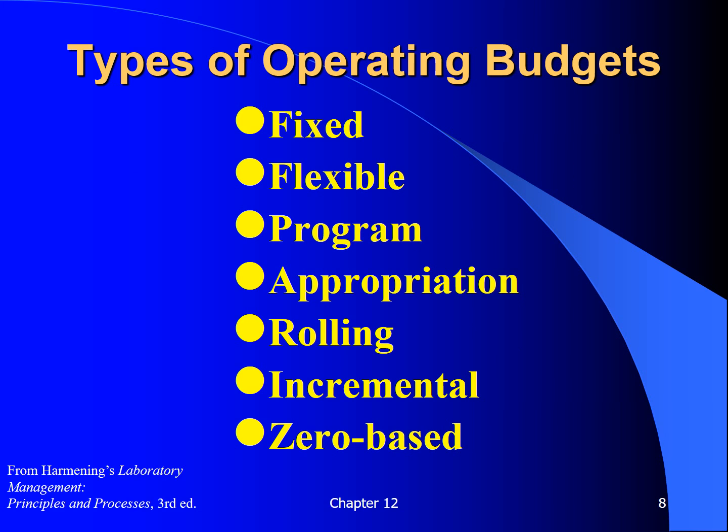Types of operating budgets include fixed, flexible, program, appropriation, rolling, incremental, and zero-based budgets. Capital budgeting was previously discussed in Chapter 11 and will not be addressed again in this lecture.